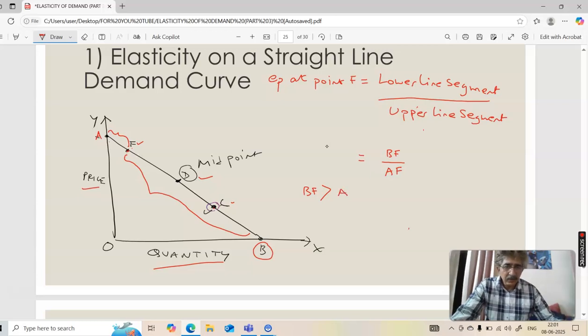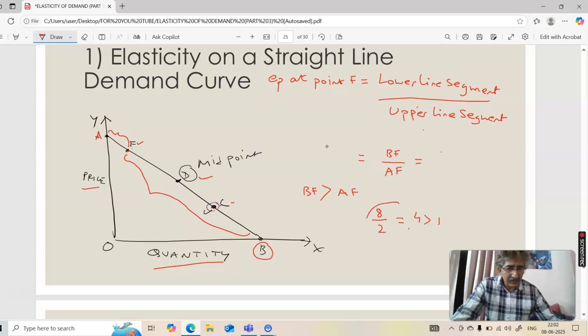Okay, so simple logic of maths: if the numerator is bigger than the denominator, the answer will be greater than 1. Example, suppose I put 8 as a numerator and let's say 2 as the denominator, the answer will be 4, and 4 is greater than 1.